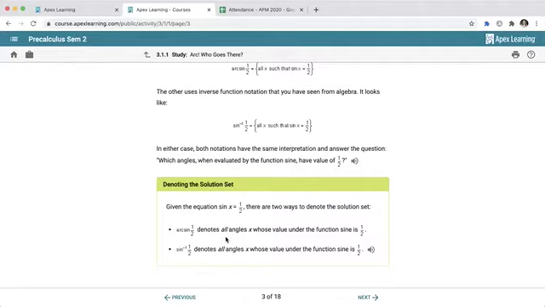So if you needed to plug this into a calculator, you would hit your second button, and for this example we'd hit second sine, and it's going to pop up with this sine to the -1 notation here.